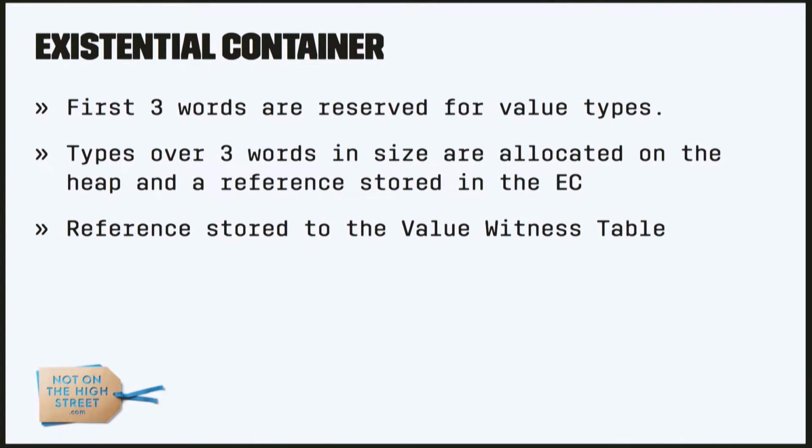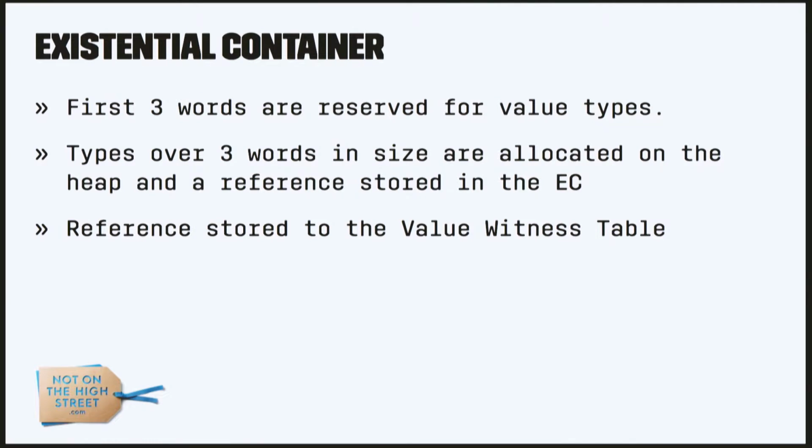So if you've got a struct, and that struct is smaller than 3 words, then you can put it straight into the existential container, which is great because you're going to save a whole bunch of time, and that'll end up on the stack.